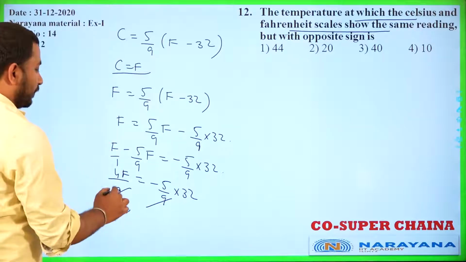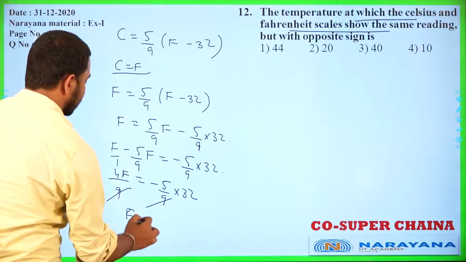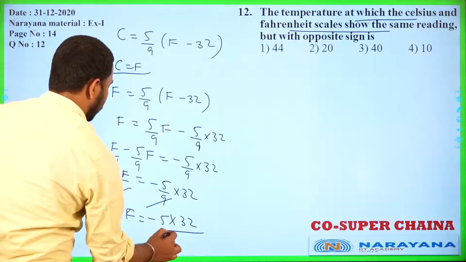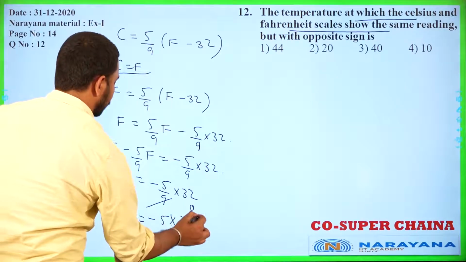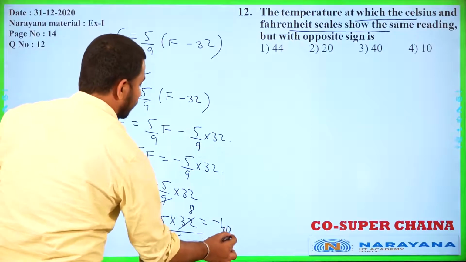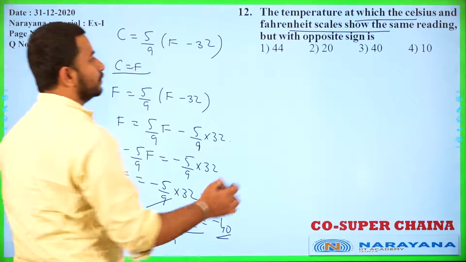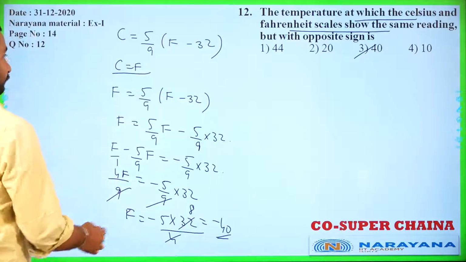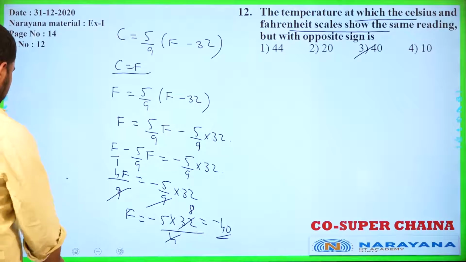So from here we get the value of F as minus 5 into 32 by 4, so that will be minus 40, and they will have opposite signs. So this will be the answer. Right, let's move to the next question.